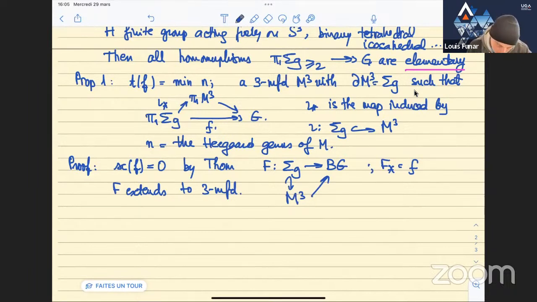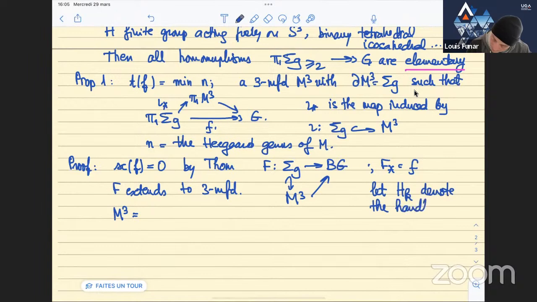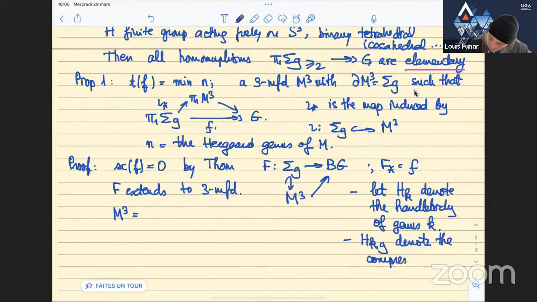And now if I'm looking at M3 and I'm taking a Heegaard decomposition, let H_K denote the handlebody of genus K, and also let H_KG denote the compression body. The compression body, what does it mean?